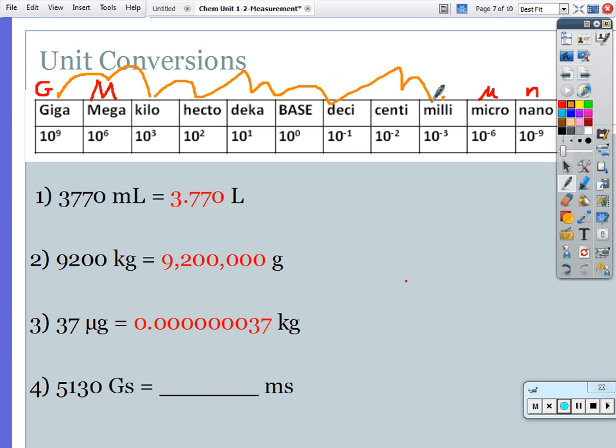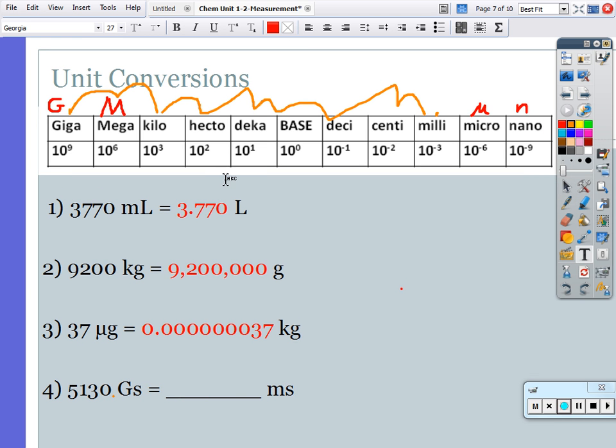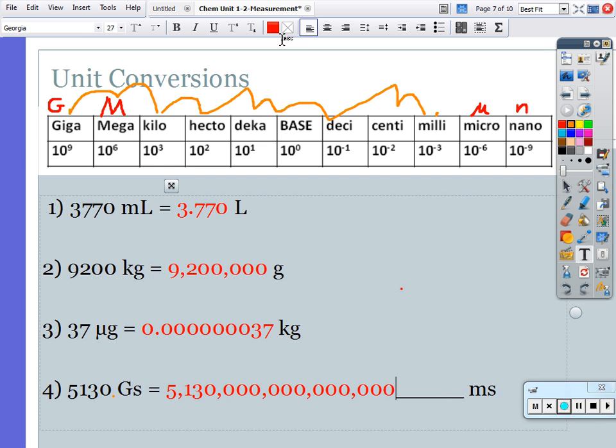So I'm jumping 12 places to the right. So I'm going to have to add 12 zeros. 1, 2, 3, 4, 5, 6, 7, 8, 9, 10, 11, 12.